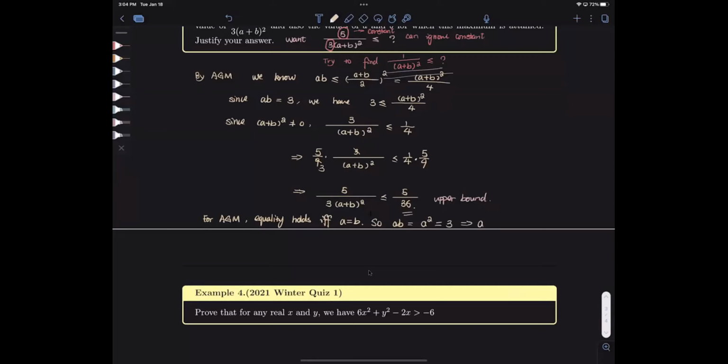So A would be plus or minus the square root of 3, which is B. So now you can say the maximum is this. So my maximum is 5 over 36. Does this make sense? Did I explain why we have to check this?